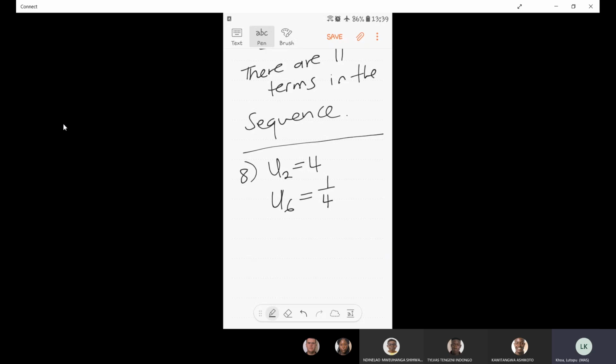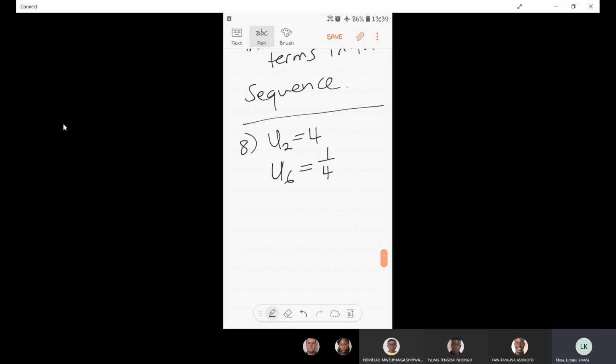Okay, so when we're given the second term and the sixth term, we can always work out r and a. So we know that the second term, U2, is just a multiplied by r to the power of 2 minus 1, and this should be equal to 4. So this is the same as a r to the power of 1, because 2 minus 1 is equal to 1.